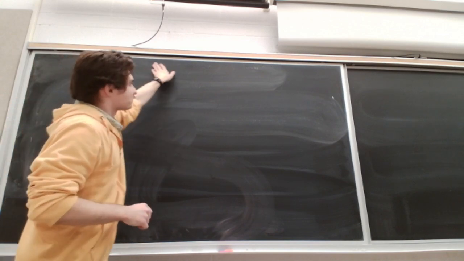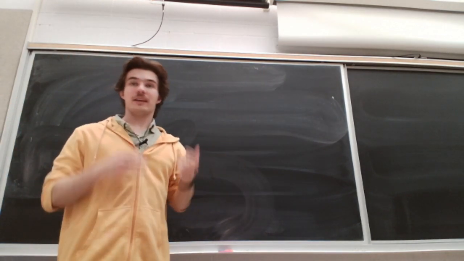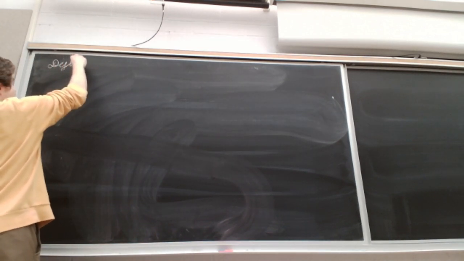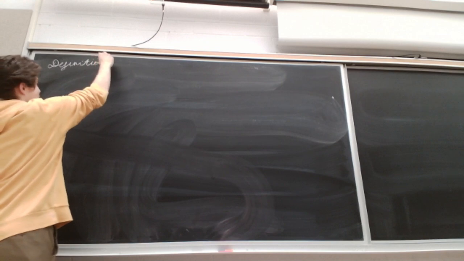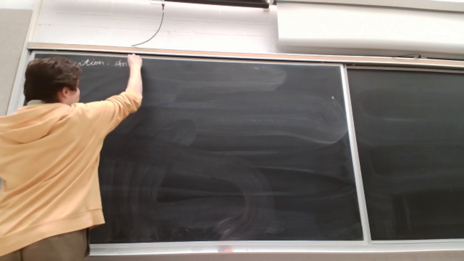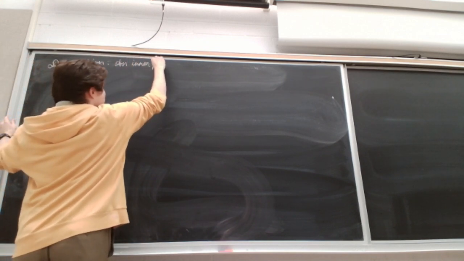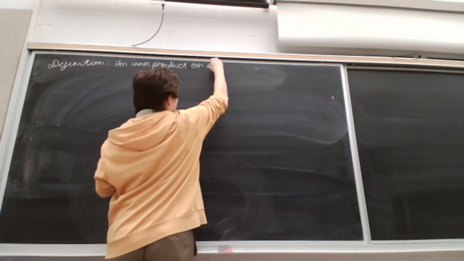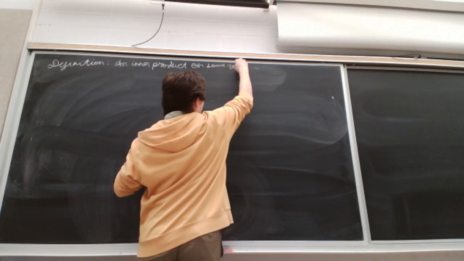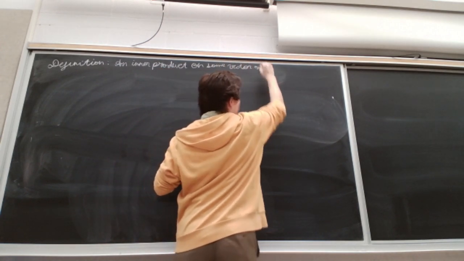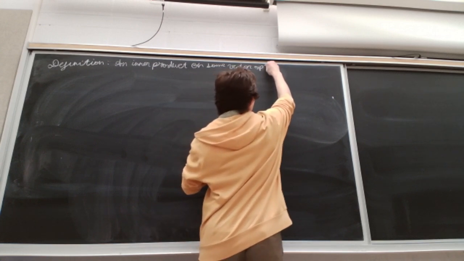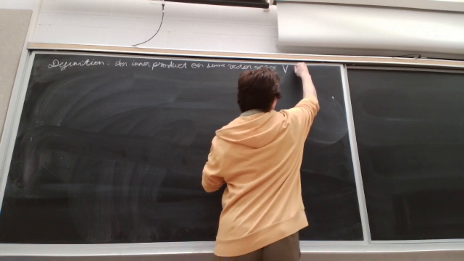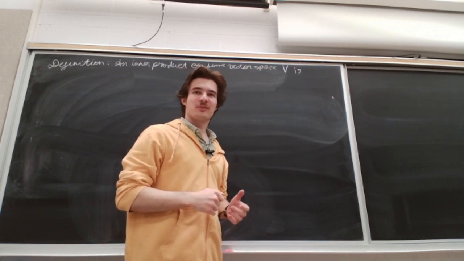So, we're going to now define an inner product. So, definition. An inner product on some vector space V, could be potentially infinite dimensional, is... Can someone guess what it's going to be?